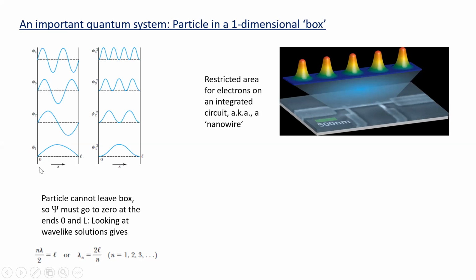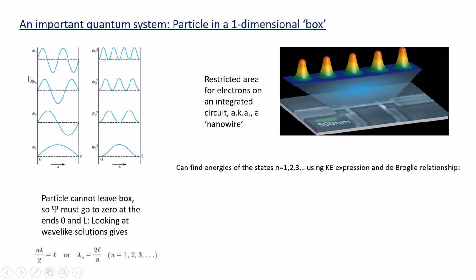And for n equal 2, we'd have 2 lambda over 2, or lambda equals L, and we can see that this goes through 1 wavelength lambda. Solving for lambda, this becomes 2L over n. So we get a wavelength which decreases as the number of oscillations n in the particle increases.